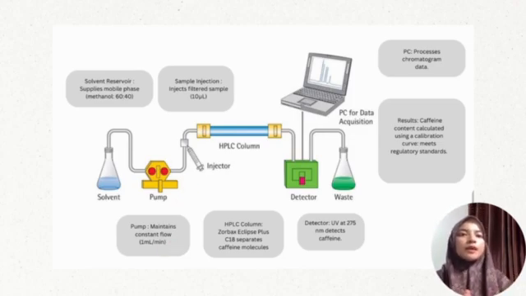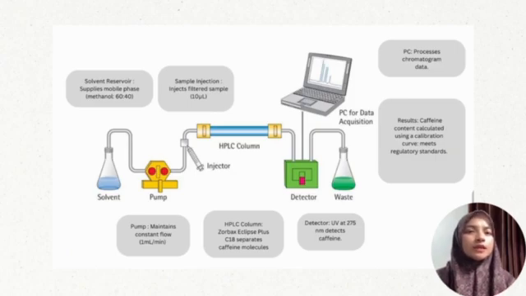The prepared samples, filtered through a 0.2 micrometer microfilter, are injected into the system through the sample injector. Then these samples pass through the HPLC column, a Zorbax Eclipse Plus C18 column, for example, which separates the caffeine molecules based on their polarity.